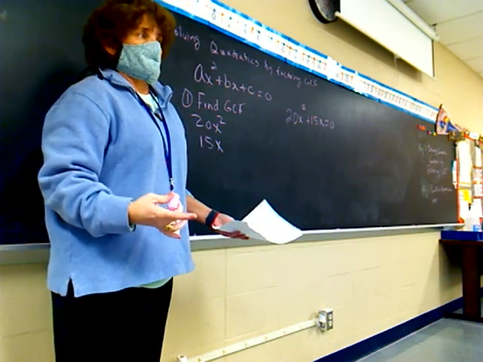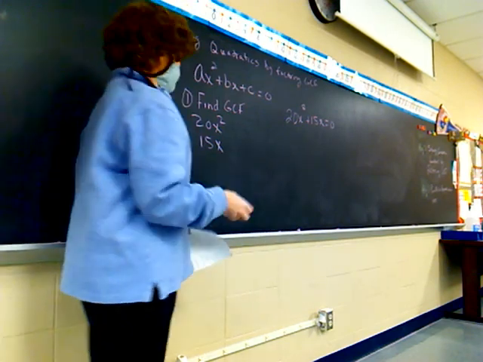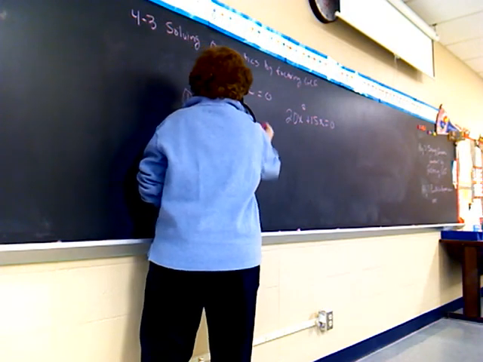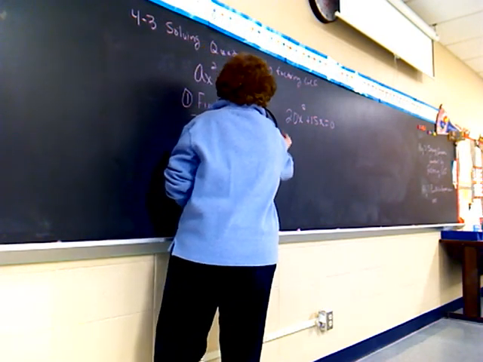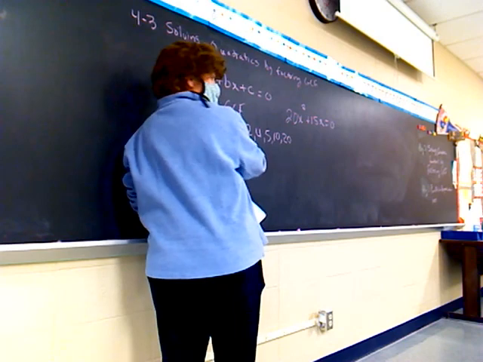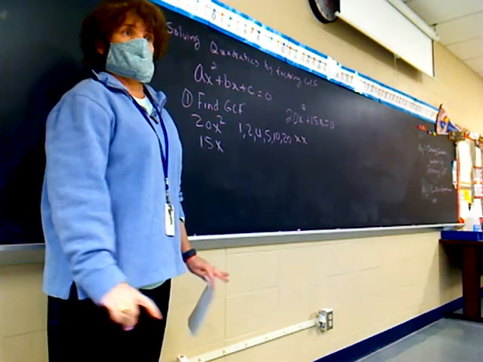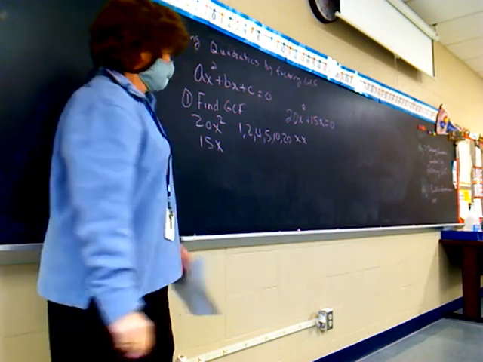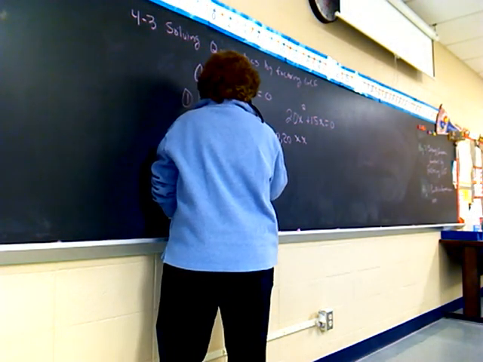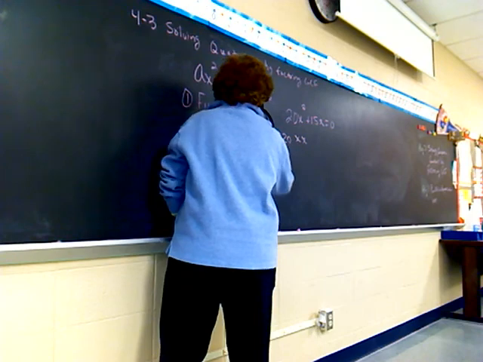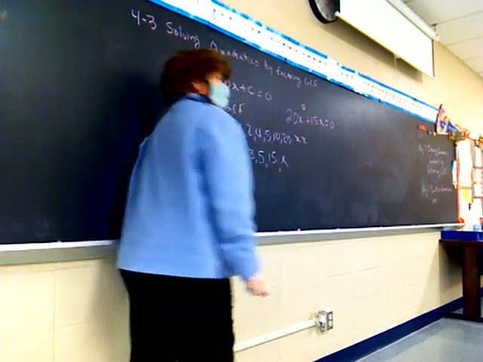The factors of 20, the things we multiply together to get 20, are 1, 2, 4, 5, 10, 20, and then x times x. And right now, all I'm doing is listing the factors to show you. Factors of 15 are 1, 3, 5, 15, and x.